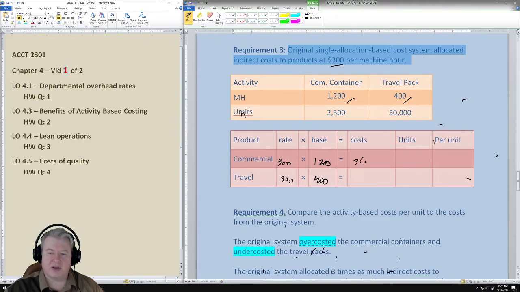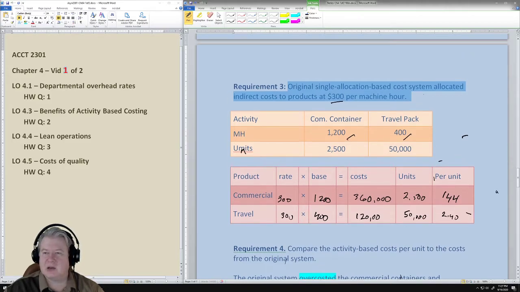This will be 360,000. And perhaps you can see where we're going. We still have these same units, and we're trying to see, if we use just this one generic rate, what we would have as a per unit cost: 144, and this would come out to 240.